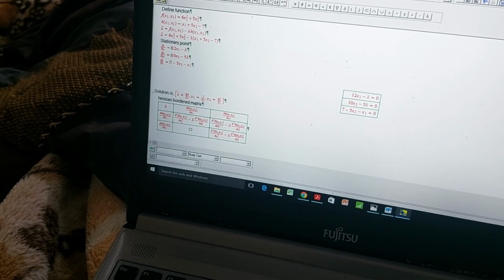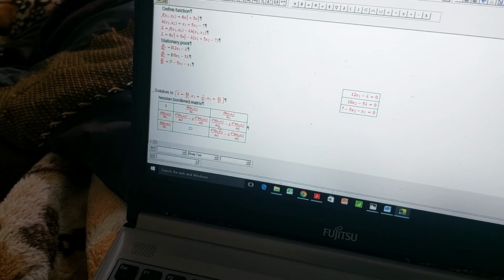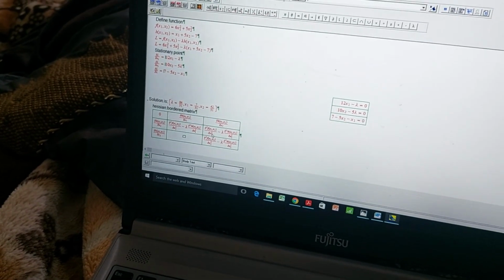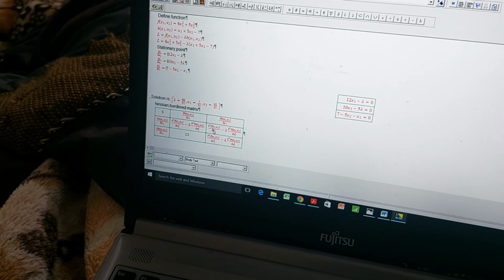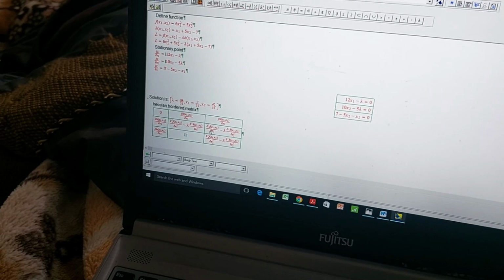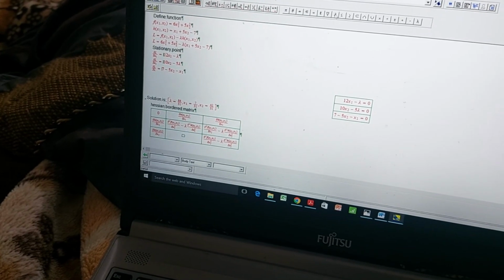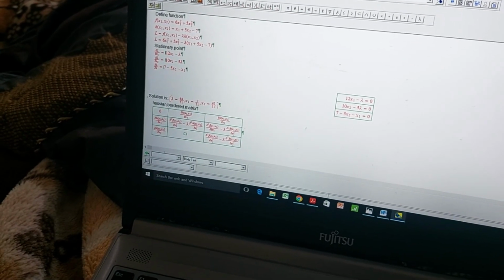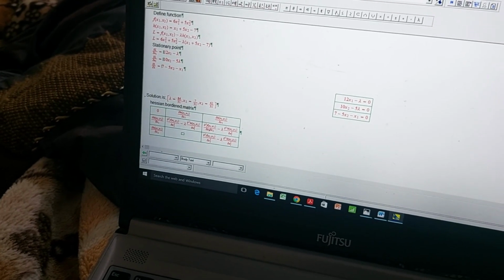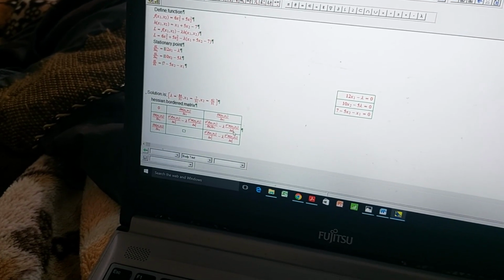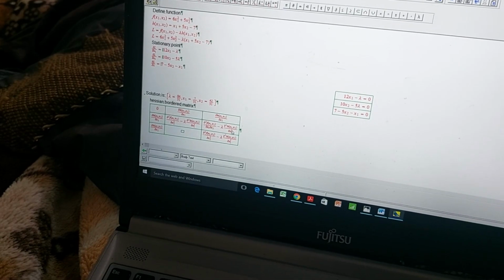The numerator will remain the same, but in the denominator here we will remove the square, and here we will write x, and here we will also write the same thing.